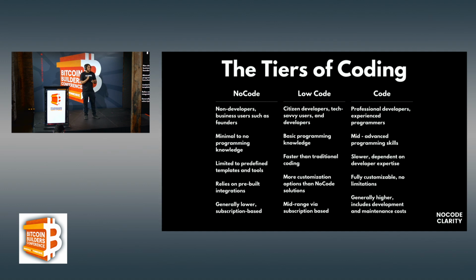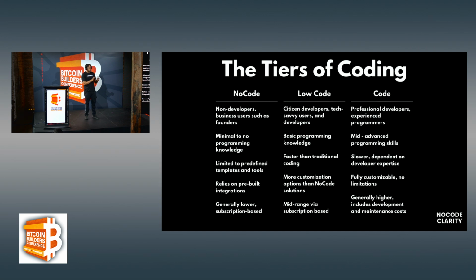There are different variations of coding. So there's traditional code, which is on the right side: mid to advanced programming skills, full customization, no limitations. You're only limited by your knowledge and how much time you have. From the standpoint of low code, more so citizen developers, tech-savvy people, basic programming, slightly faster than traditional programming, not as much customization.